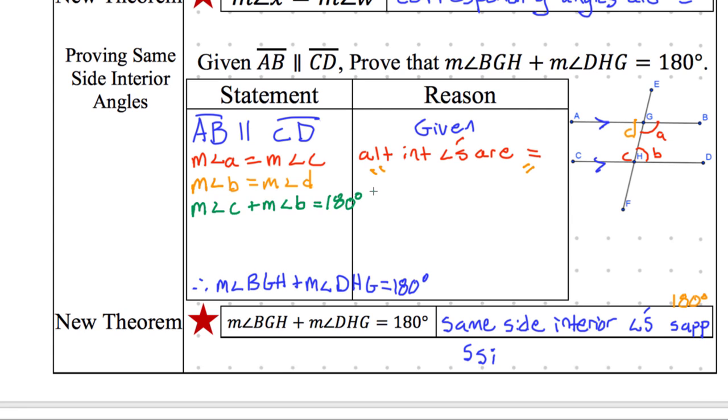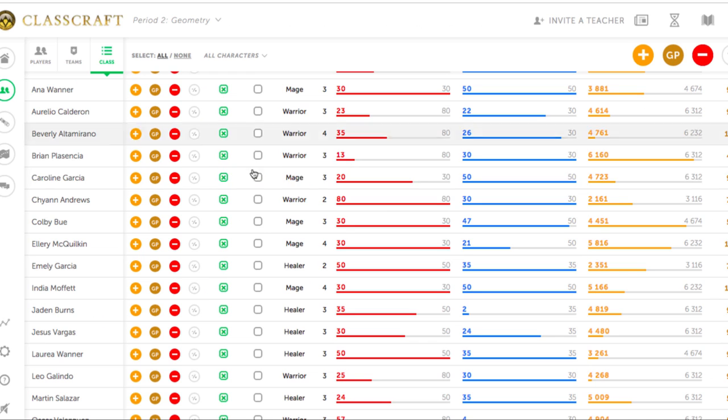Because linear pairs form supplementary angles. Yep, linear pair forms supplementary angles. And then from there you just use the substitution property of equality. Okay, you're there. Yeah, so let's go ahead and take a look at that. And before I move on too far, Ellery, there's your XP.